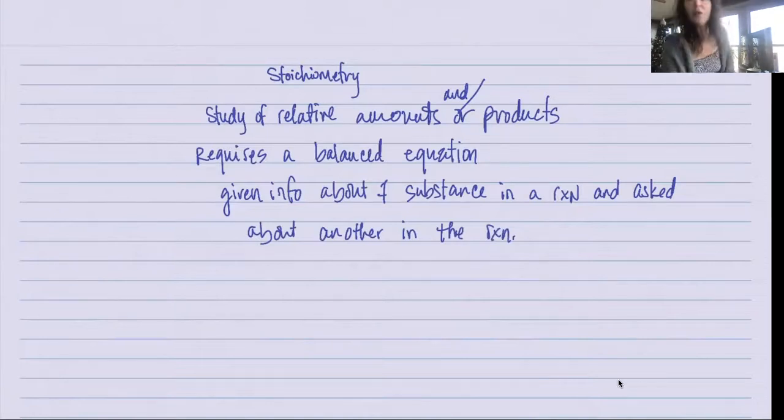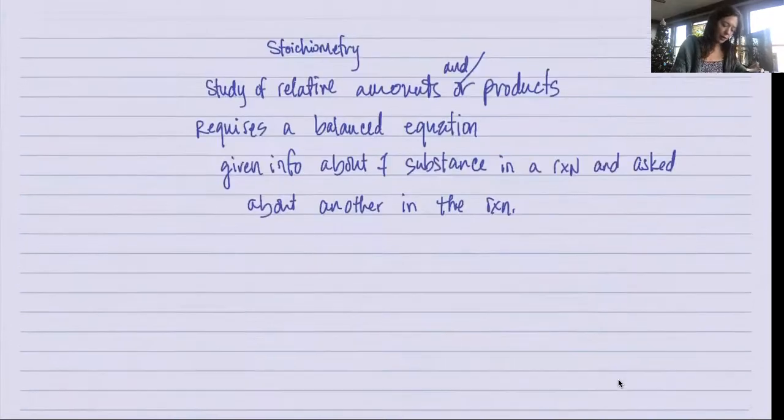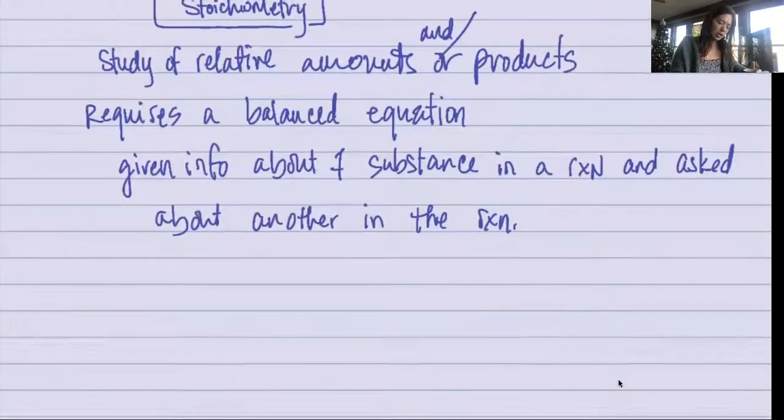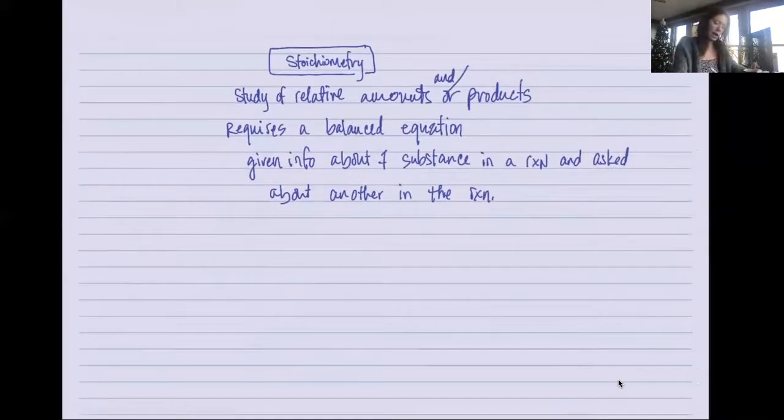Stoichiometry problems differ by way of what you are given and what you are asked for. So the first type, which is the simplest type of stoichiometry problem, is a mole-to-mole stoichiometry problem. But it just occurred to me that before I do that, we need to continue our discussion of this.